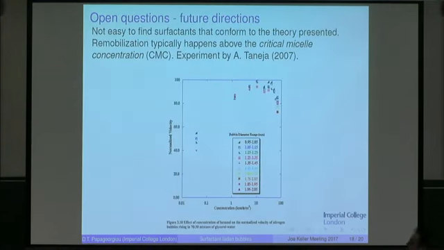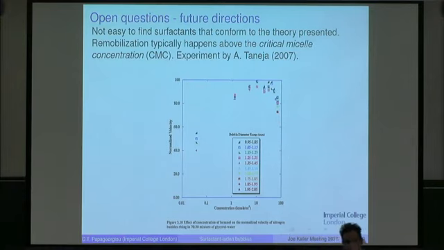Now, there's one big open question. What the model I presented says is that it's quite easy to find surfactants that would do this, and the reality is that it's not. It's quite hard. In fact, what typically happens in experiments, this is an experiment by a PhD student at City College in New York, what you see is that you do get remobilization.